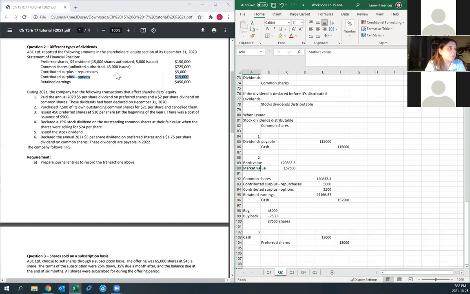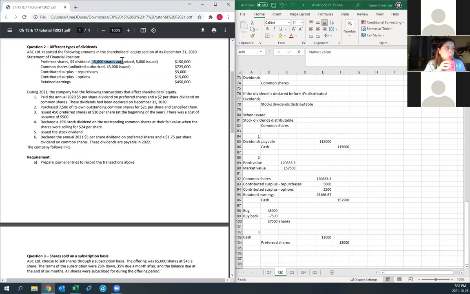That's a good question. My instinct would tell me to just assume that they issued all that was authorized. So for example here, I would take the 15,000 for the preferred shares. But yeah, you're right in saying that maybe they issued nothing. And what if they issued nothing?